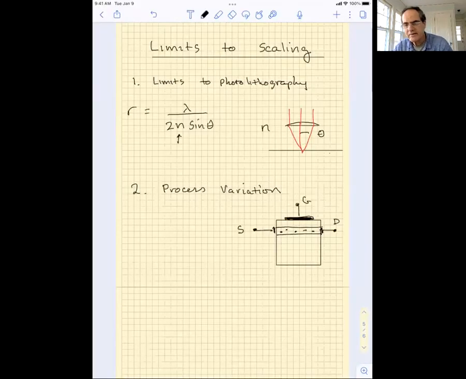Because of that, something weird happens when the device gets very small. For example, in our FET transistor, shown here schematically, the threshold voltage is given by the free charge in the channel divided by the capacitance of the gate and channel together. But the free charge in the channel is given by the density of donor ions times the volume of the channel times e, okay?